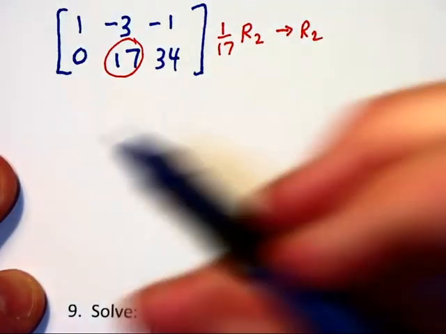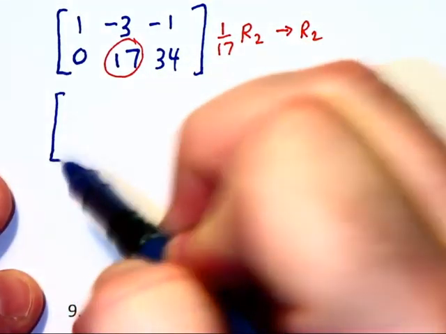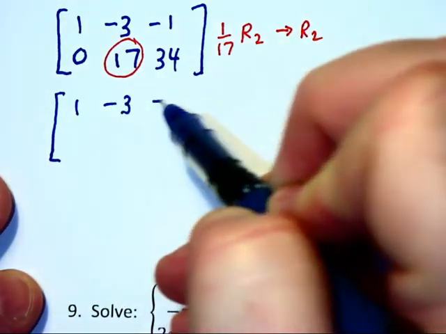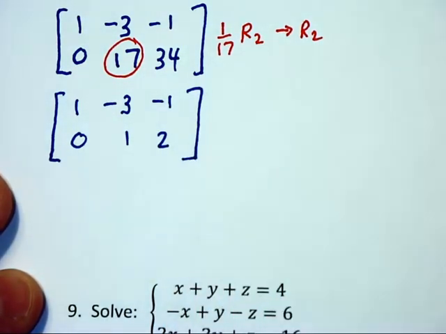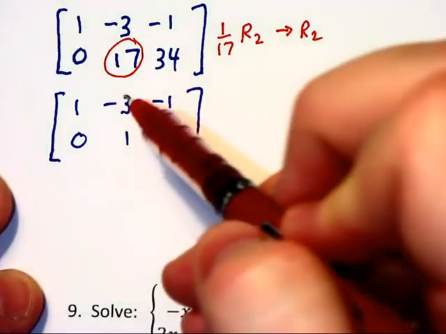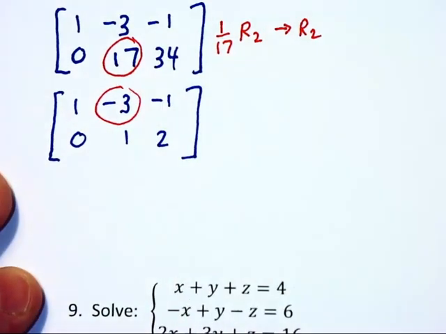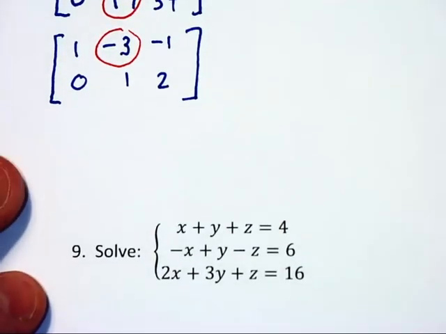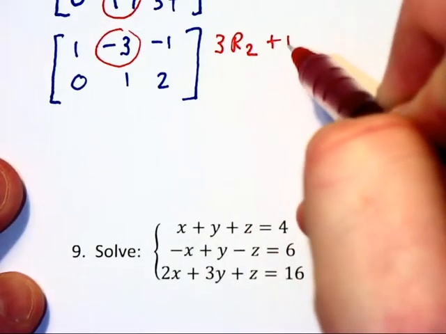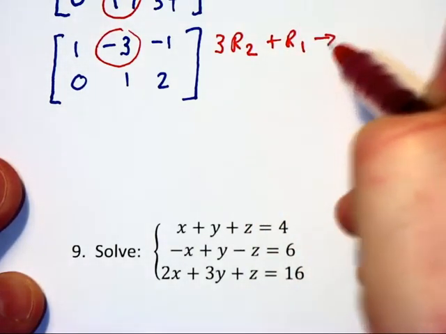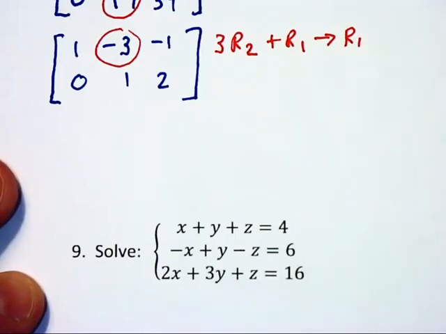So in our new matrix, the first row will remain unchanged, and the second row will become 0, 1, 2 by design. Now all we need to do is get a 0 where that -3 is, and that means we're going to take 3 times row 2, add it to row 1 to get the new row 1.